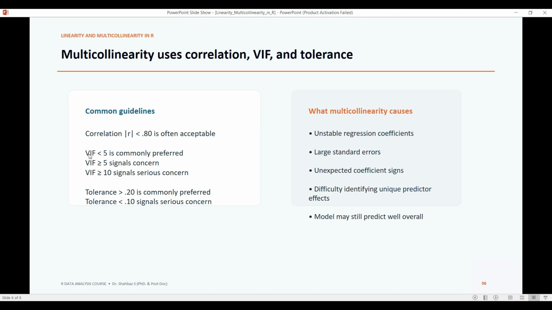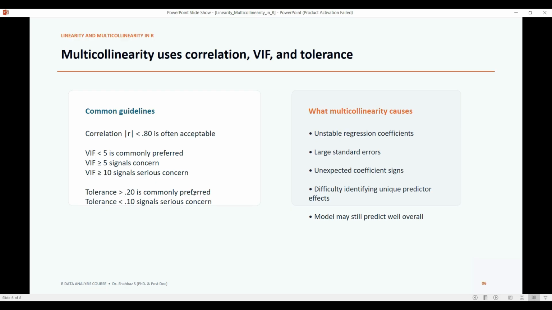On the other hand, a VIF value less than 5 is commonly preferred. It may be equal to 5. This is also good, but there are some scholars who suggest that VIF may be less than 10. So there is also another criterion. However, we'll check as per the recommended threshold value, the VIF should be less than 5. We will also check that the tolerance level should be greater than 0.20.